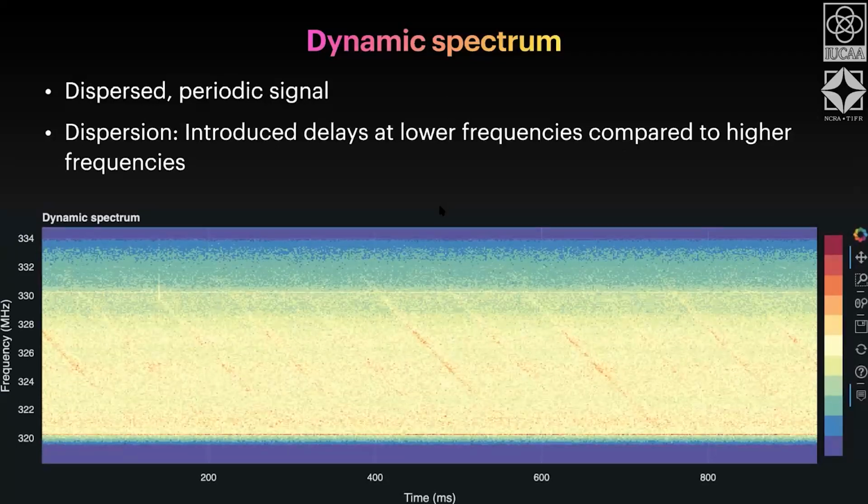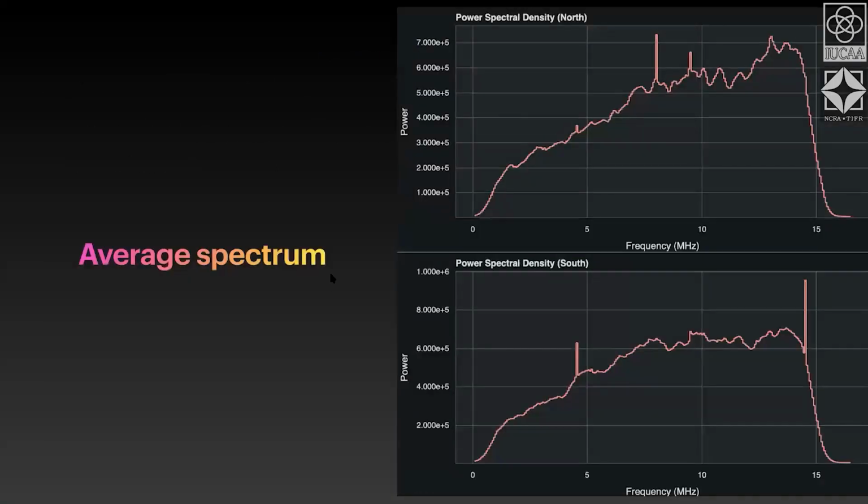So what we have here is the dispersed signal from the pulsar, and it is periodic. These are the two things that we see from the signal. Now at this point, I put the spectrum averaging after the dynamic spectrum just because sometimes it is flipped, and the flip is more obvious in the dynamic spectrum than in this average spectrum.